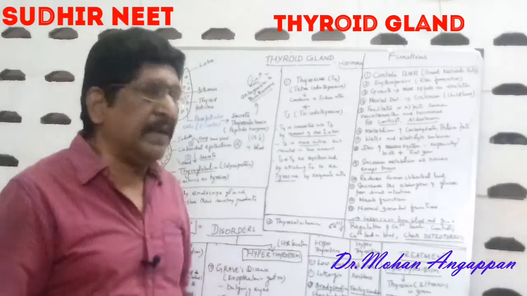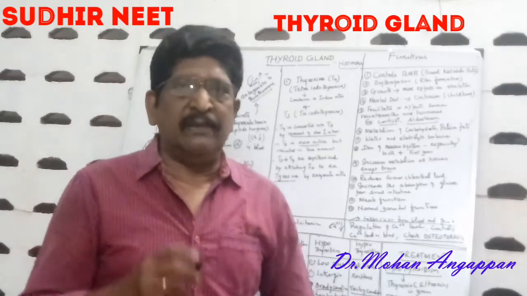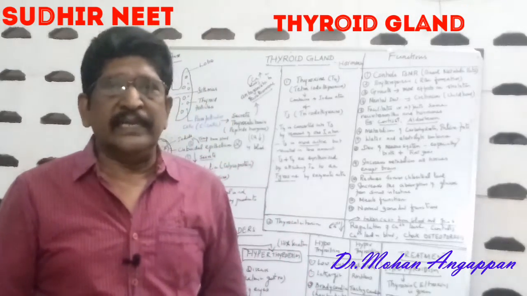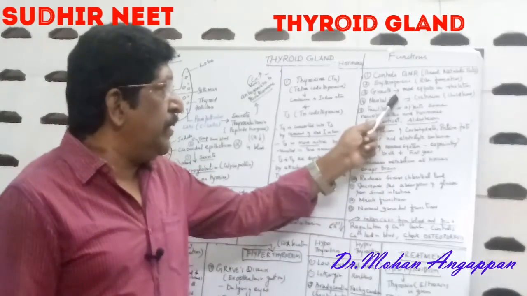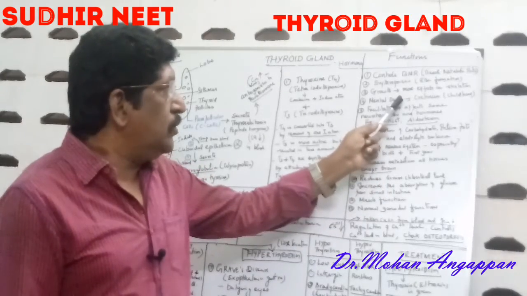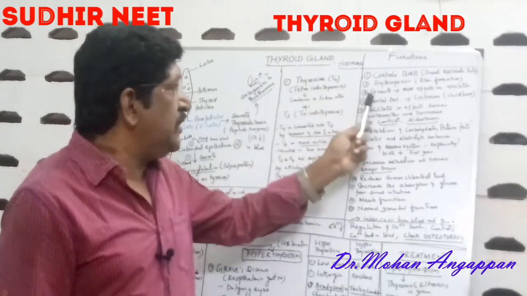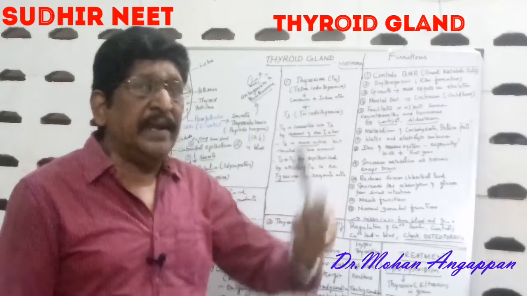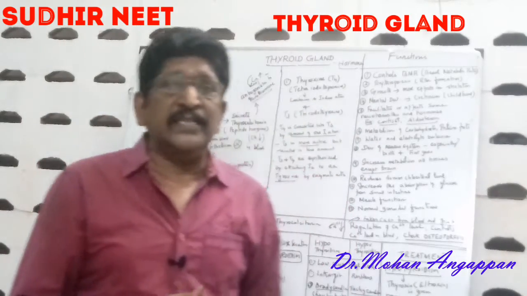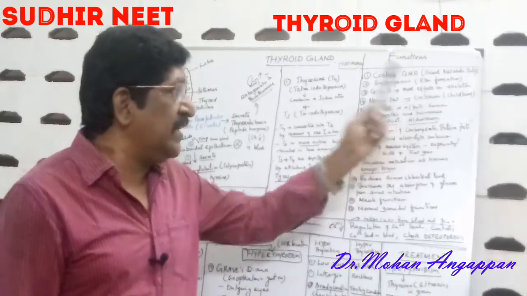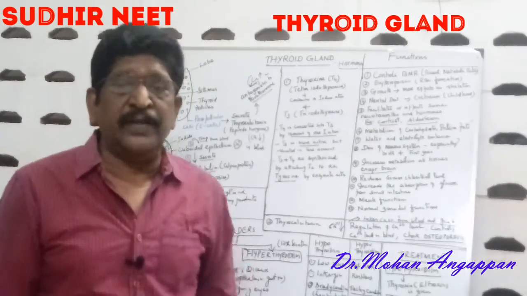We'll see separately. In cretinism, the child will have low IQ, idiot, etc. So this thyroxine affects the mental development also. If the thyroxine level is low, in children it forms a disease called cretinism, and in adults myxedema, we will see.